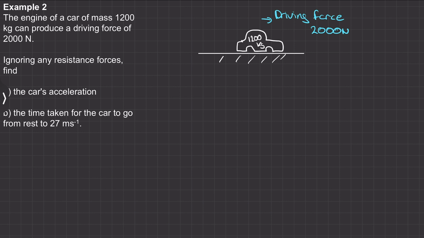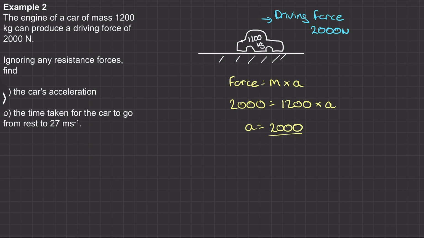And because we can ignore any resistance forces, we can say the force of the car will be the mass multiplied by its acceleration. So the force will be equal to the mass multiplied by the acceleration. So the acceleration will be 2,000 divided by 1,200. And this gives us approximately 1.67 meters per second squared.